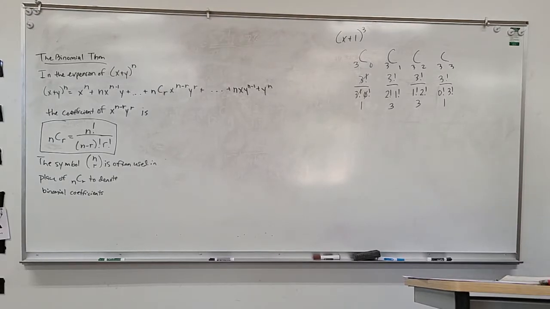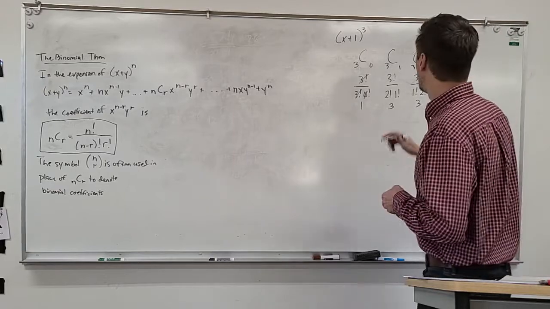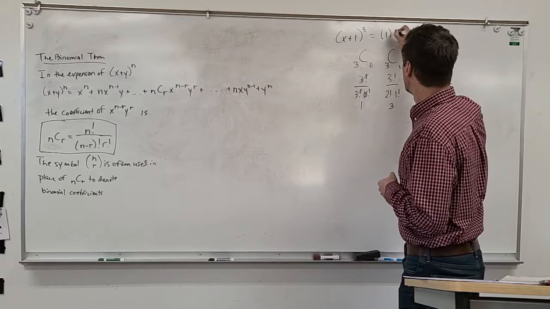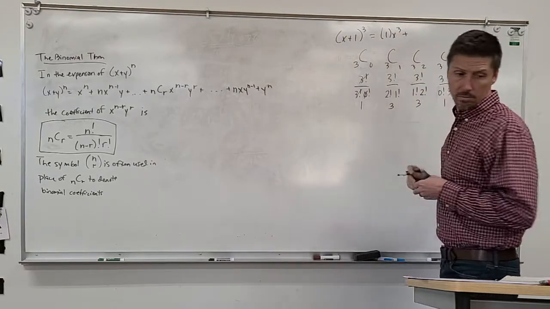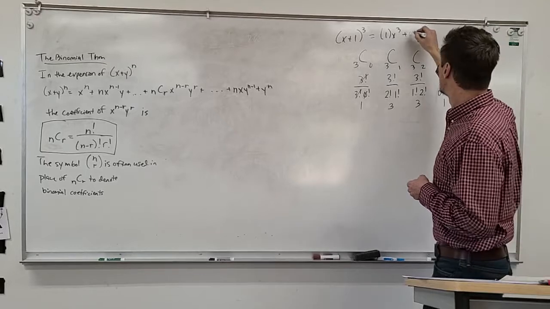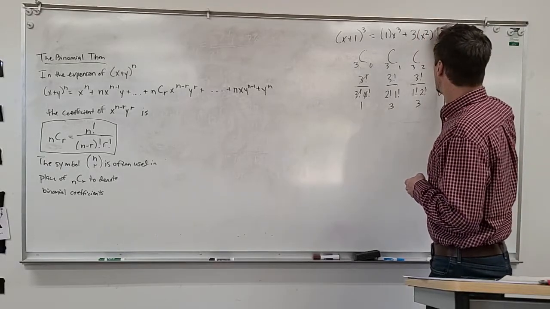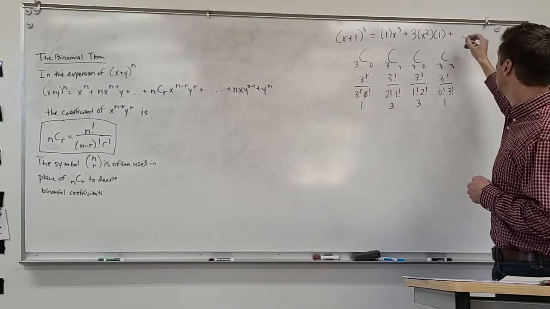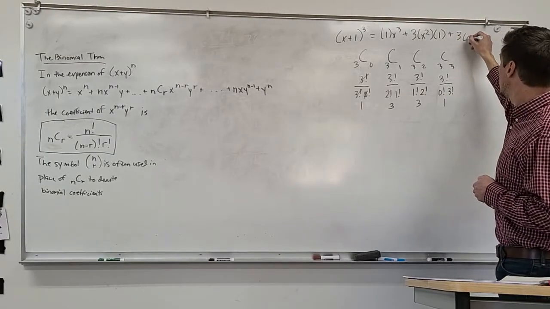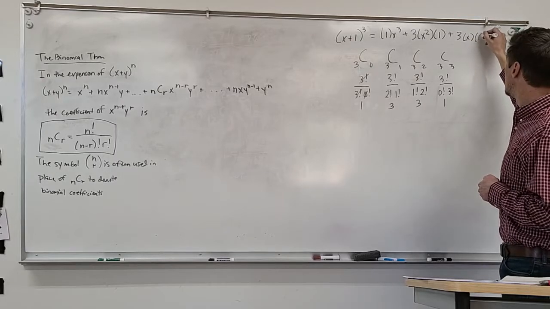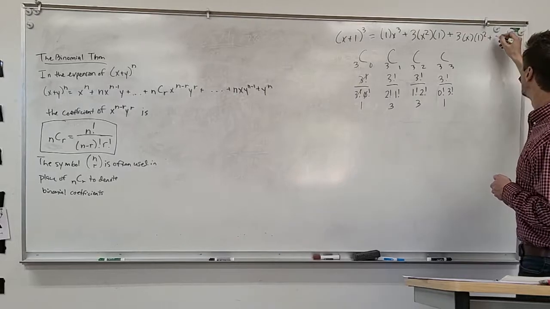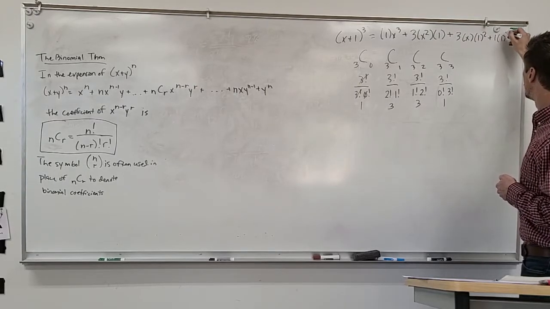So that tells us what our coefficients are going to be for each of these. So it's going to be 1 times x cubed plus 3 times x squared times 1 plus 3 times x times 1 squared plus 1 times 1 cubed.